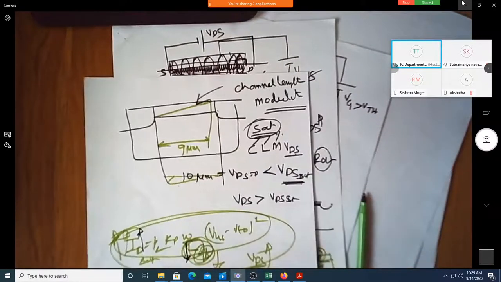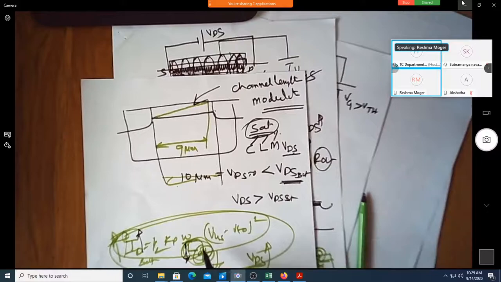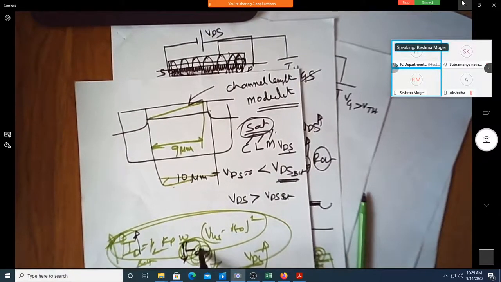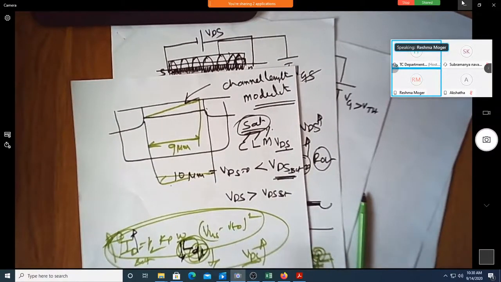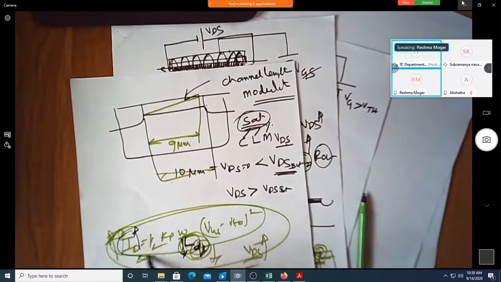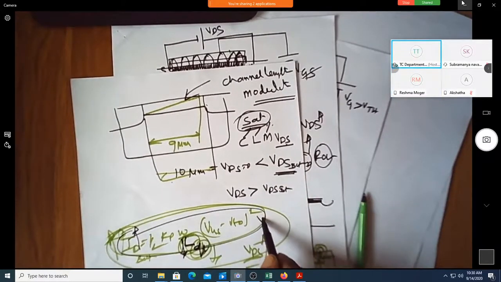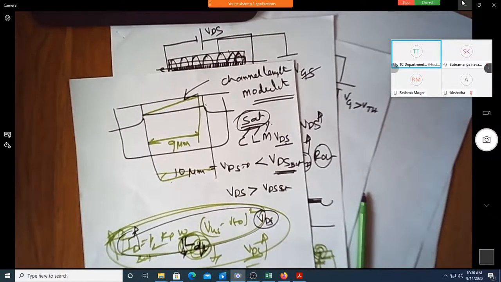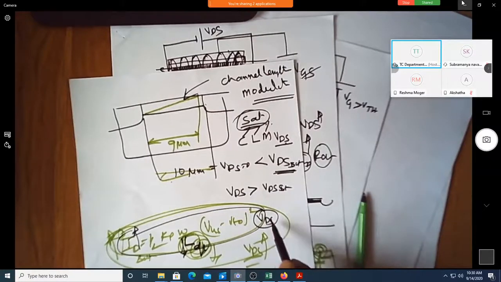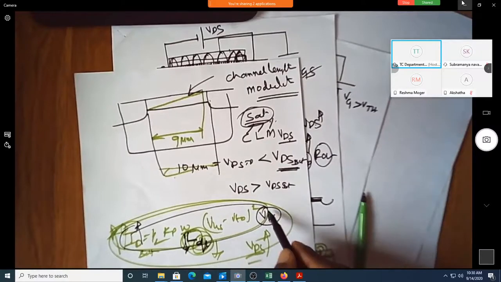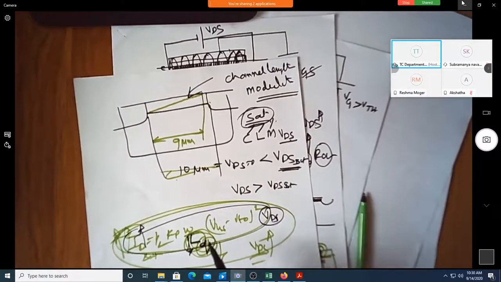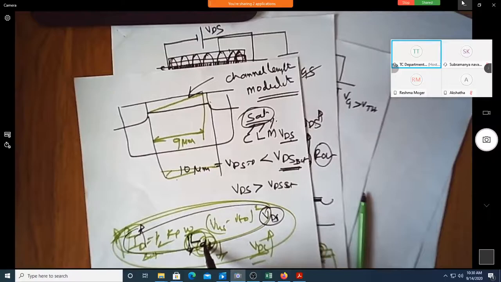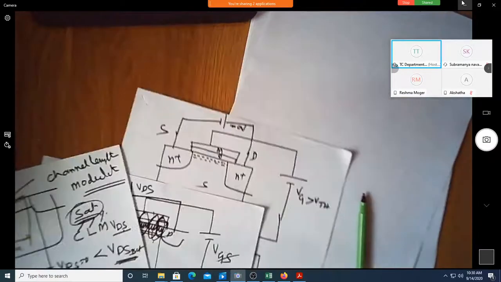How do we account for this? Because you will not be knowing the value of L effective for each and every value of VDS, and here you can see there is no term like VDS at all. But in this typical graph, the current ID is a function of VDS. So we will include the term VDS, as well as the effect of this change in the length of the transistor, in the new expression for ID.